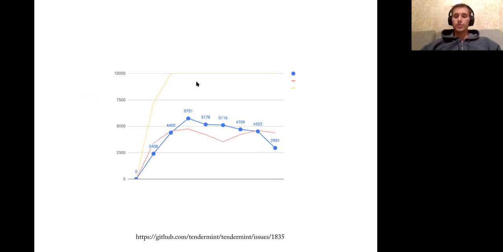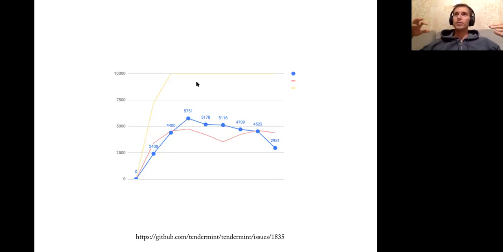A part of this was due to an issue in TM bench, which we later fixed, and also mempool rechecking transactions. So after Tendermint commits a block, it rechecks all the pending transactions which are left in the mempool to see if they became invalid.